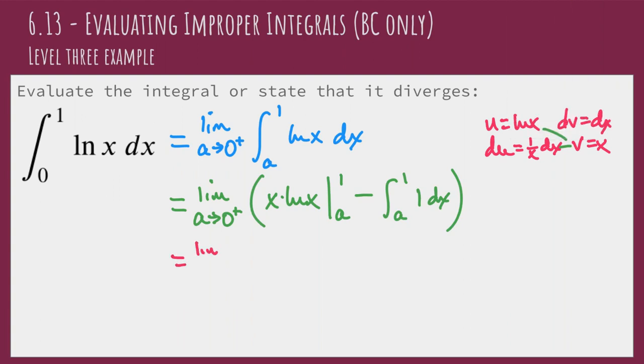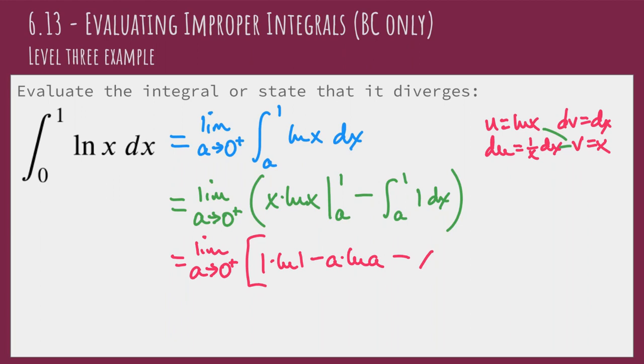Now I want to group all this together because that limit applies to the whole thing. All right, then we're going to have the limit as a approaches 0 from the right. I'm going to go ahead and plug in the 1 and the a for that expression. So we're going to have 1 times the natural log of 1 minus a times the natural log of a. And then with the other expression, the antiderivative there is just going to be x.